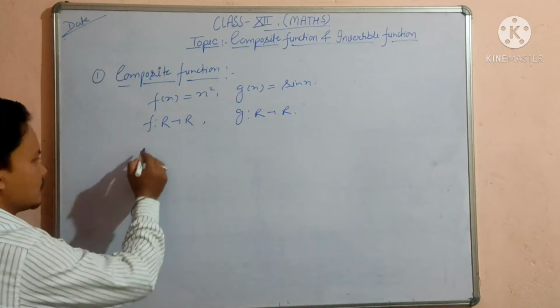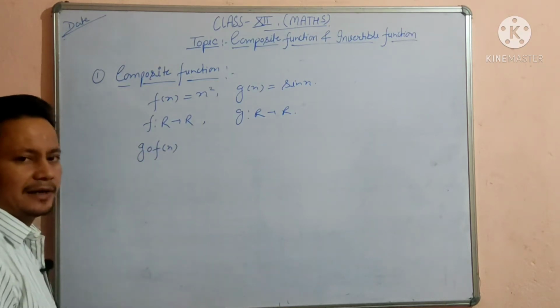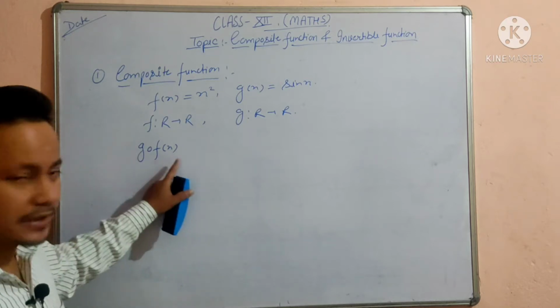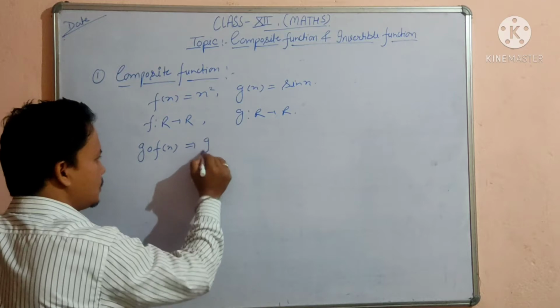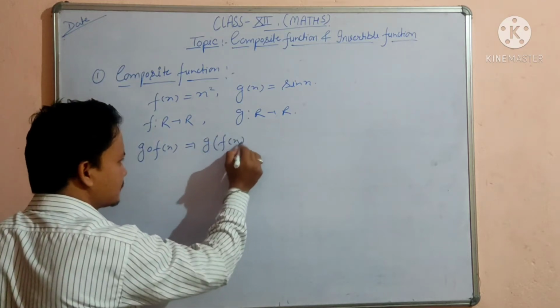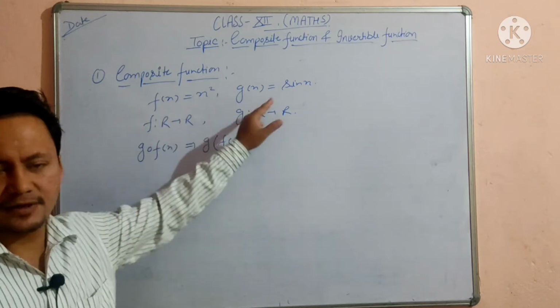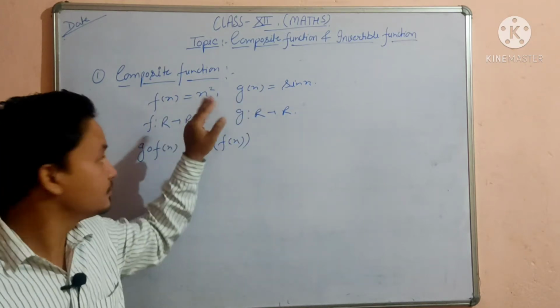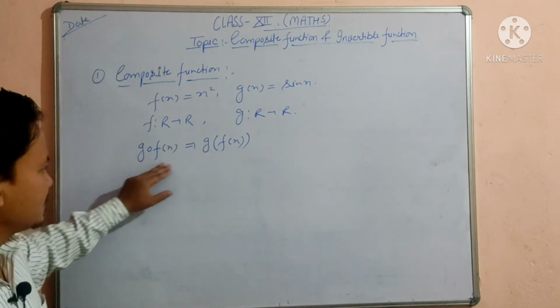First we will find gof. gof(x) means g of f of x. What is gof? It is nothing but the composition of f and g. The composition of the functions f and g is also denoted as gof.